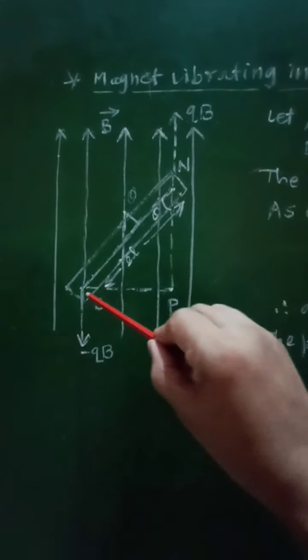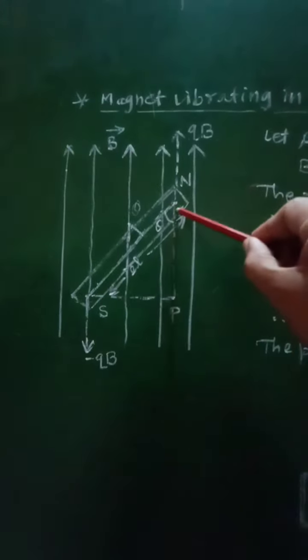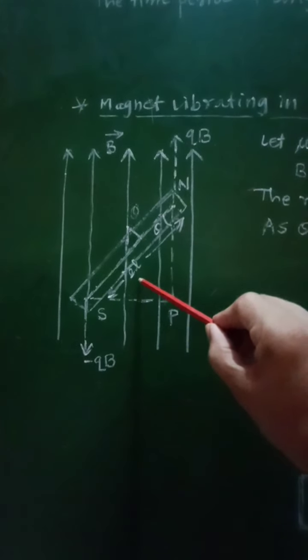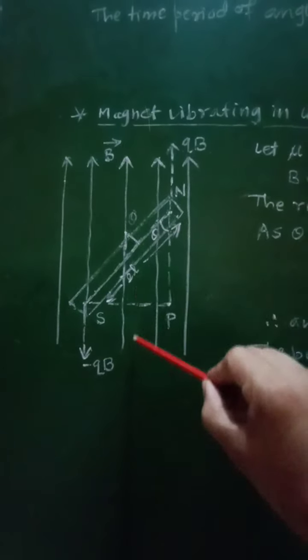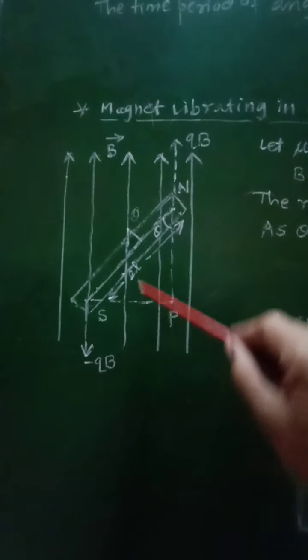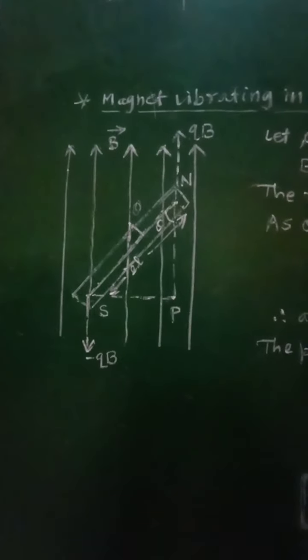Now, in this case, a bar magnet consisting of two poles S and N, having magnetic length 2L, is suspended in a uniform magnetic field of induction B.